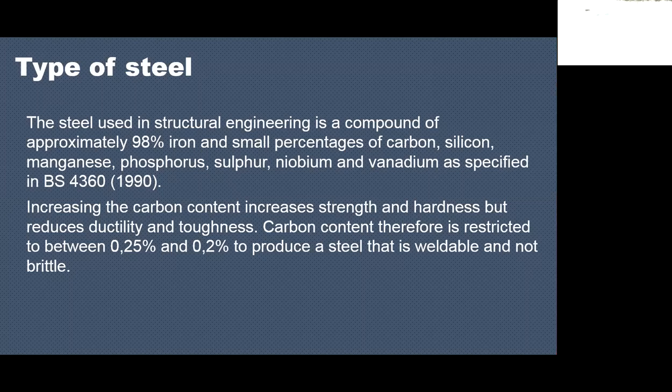Ductile nature, as you might have studied as part of mechanics of solids, means that when the material is ductile, it can yield. Yielding means it dissipates the energy. So it is a ductile material, and to be ductile, we need to reduce the carbon content.